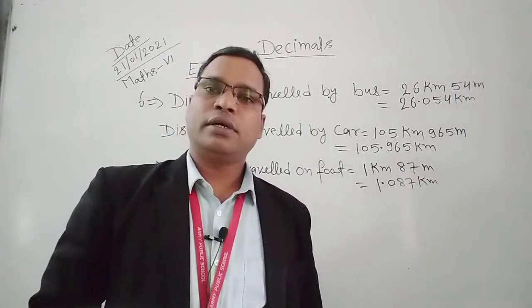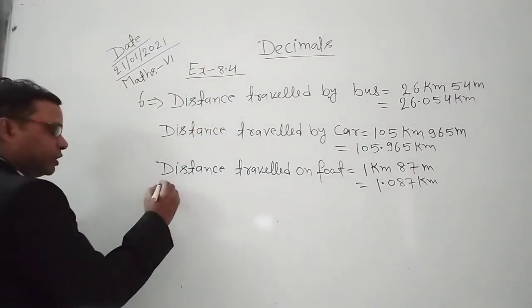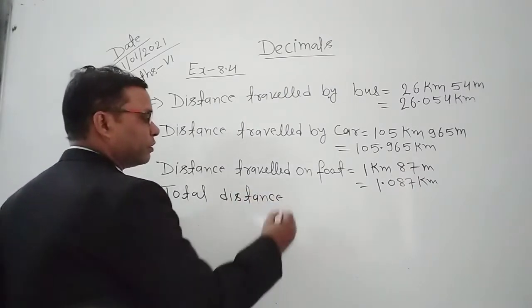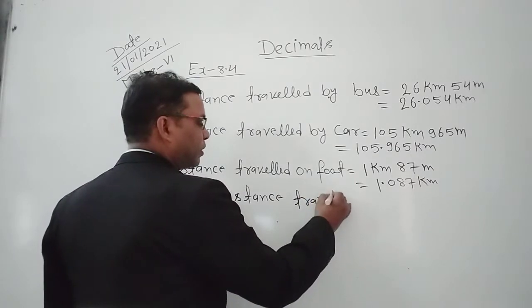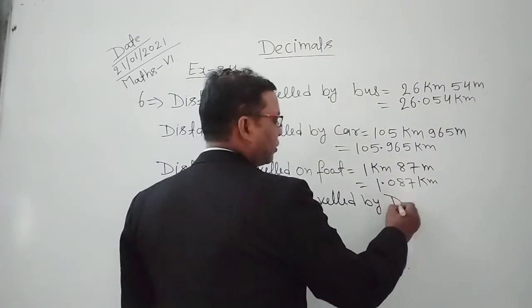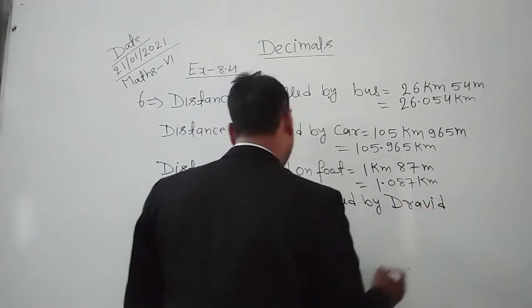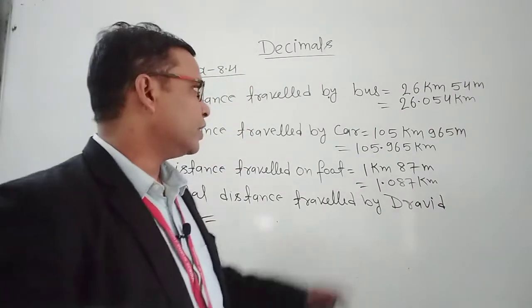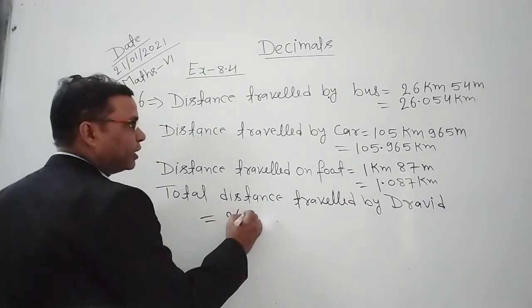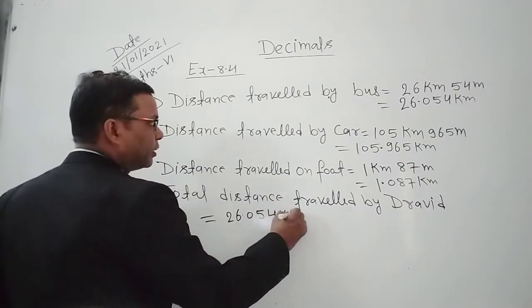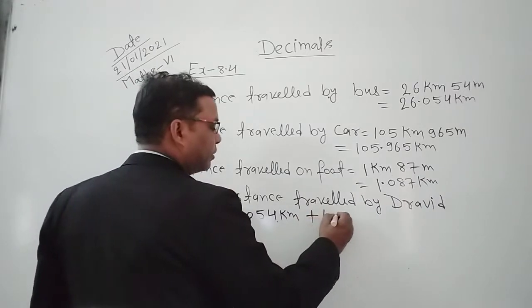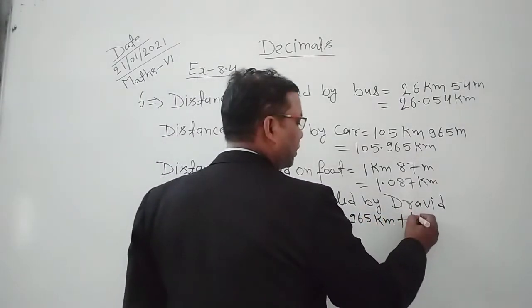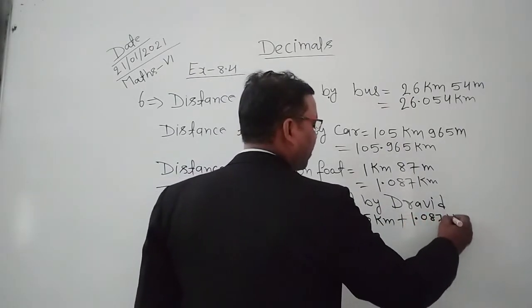Total distance traveled by Dravid is equal to, you add them: 26.054 kilometer plus 105.965 kilometer plus 1.087 kilometer.